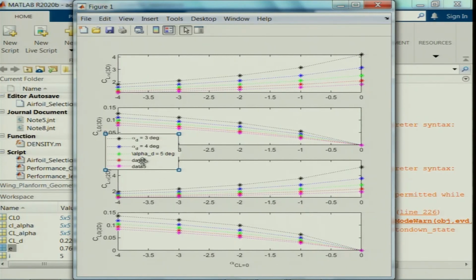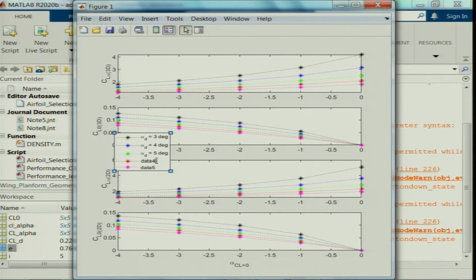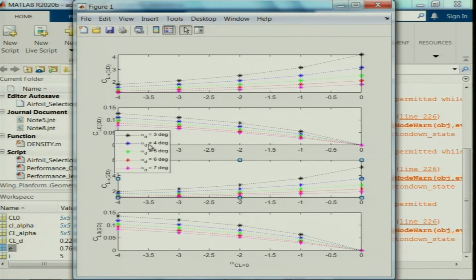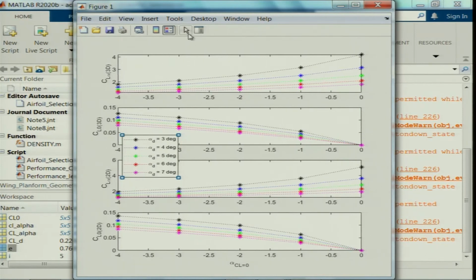The fourth one corresponds to 6 degrees and the next one is alpha design at 7 degrees. So there are a few optimization algorithms in order to achieve these numbers. We are not discussing those algorithms here.